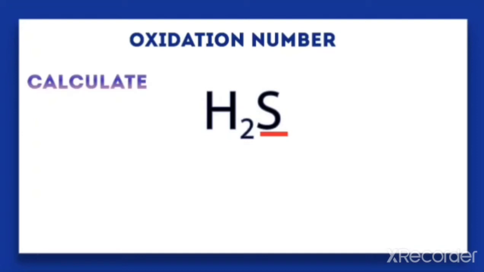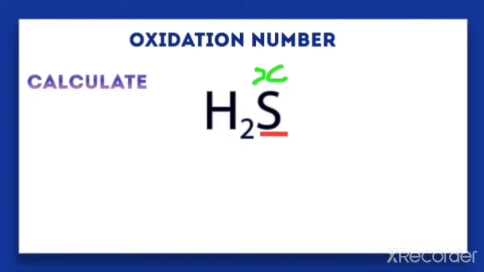Here first of all you need to write down the oxidation number for the underlined one, that is we need to find out the oxidation number for sulfur, so let us keep it as X. So X is the oxidation number for sulfur that we need to find out here.